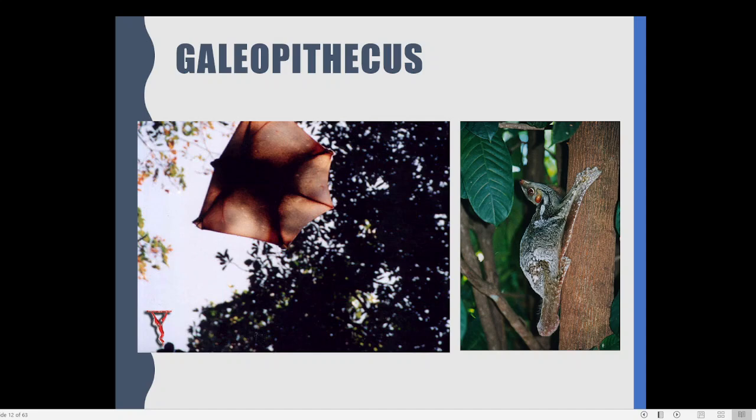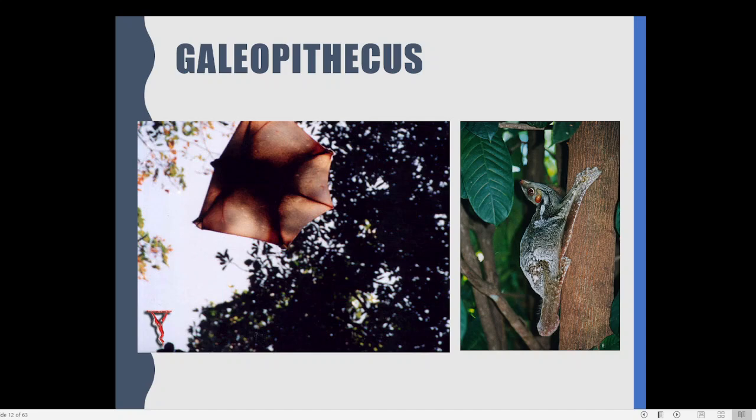When it is spread out, it looks like a kite, so that the animal can easily glide in the air, maybe some 100 feet. It can glide in the air. So this is a very interesting animal. They are commonly present in the Malaysian region.